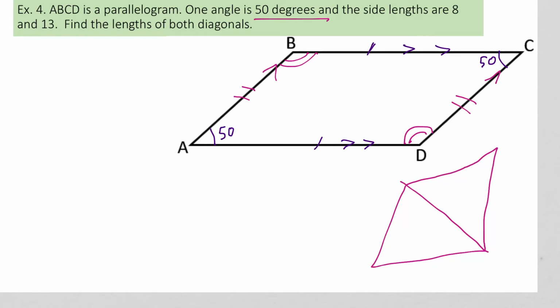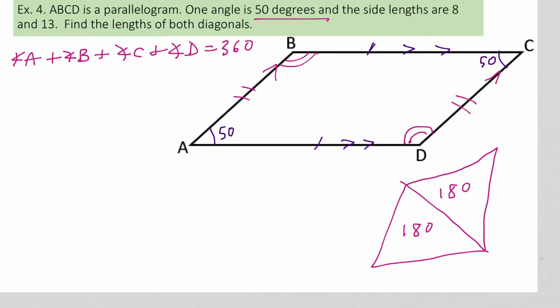The sum of the angles of a triangle is 180, so with two triangles, all of the angles must add up to 2 times 180, so that's 360 degrees. So angle A plus angle B plus angle C plus angle D equals 360 degrees.